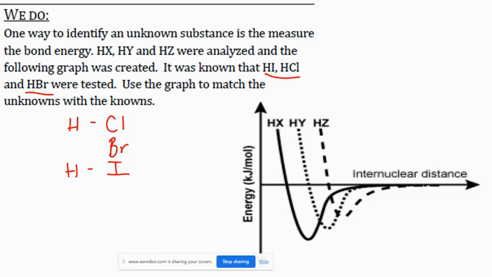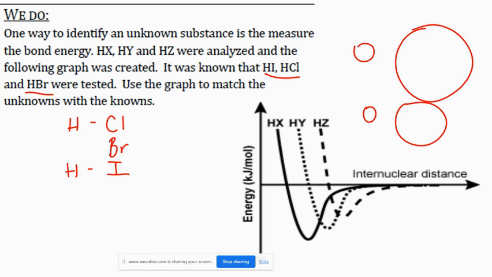HI because it's a metal and a non-metal. No, they're both nonmetals. HI because it's like greater distance. The radius, yep. So HI is like this. HCl is like that, right? Layers of the onion. Okay. So bond length between these two radii is going to be less than the bond length between these two.